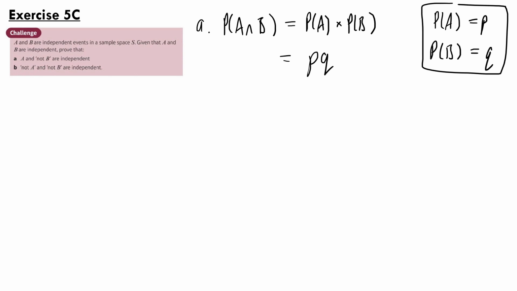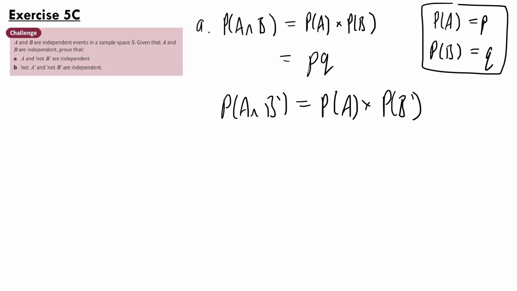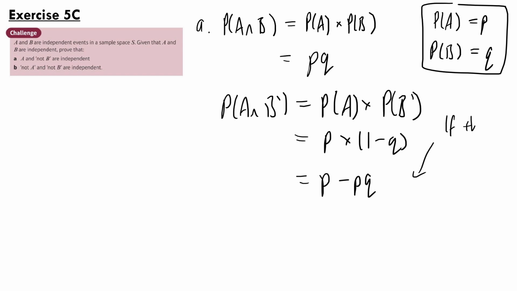And now we want to find the probability of A intersection not B, and if that is equal to the probability of A times the probability of not B, which is equal to P times 1 minus Q, which is equal to P minus PQ. So, if this is true, then we know that A and not B are independent.